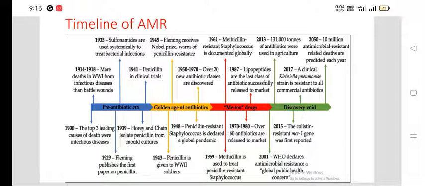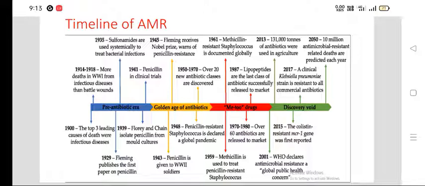After that, in 1948, penicillin-resistant staphylococcus was declared a global pandemic. From 1950 to 1970, over 20 new antibiotic classes were discovered in those 20 years. This we call the golden age of antibiotics.